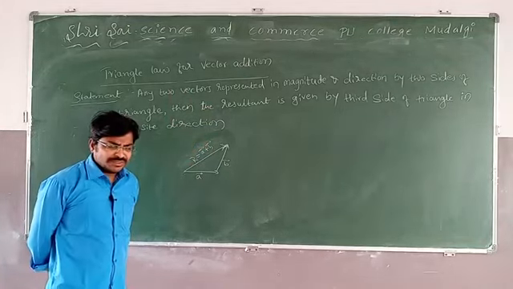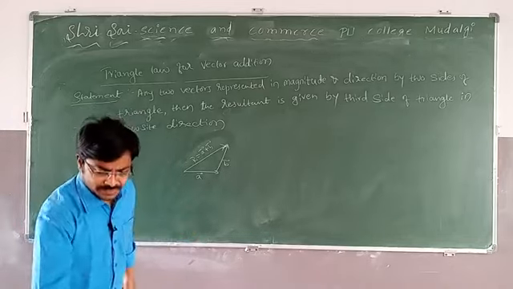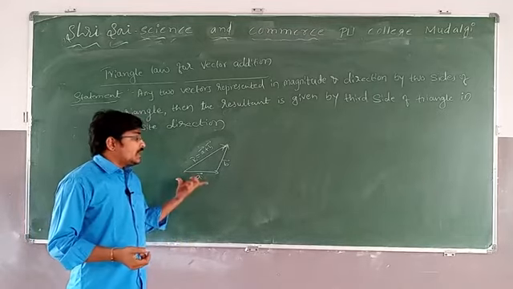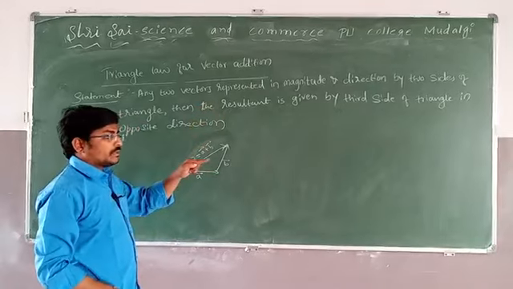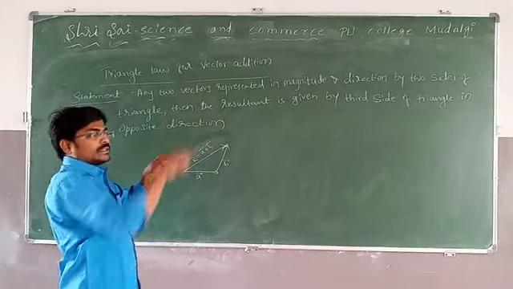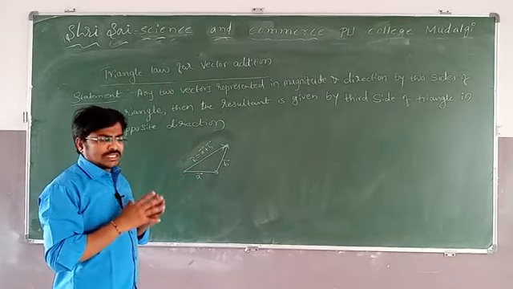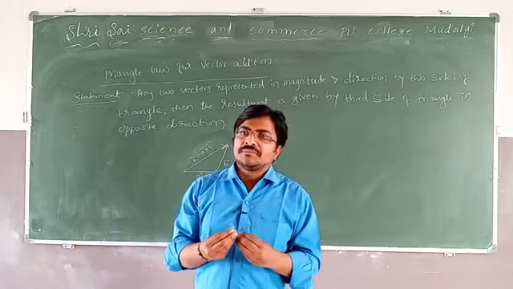I'll give a small example. Here A is one vector and one more vector B is like this, then the resultant vector is like this. But actually, vector means it is a physical quantity.